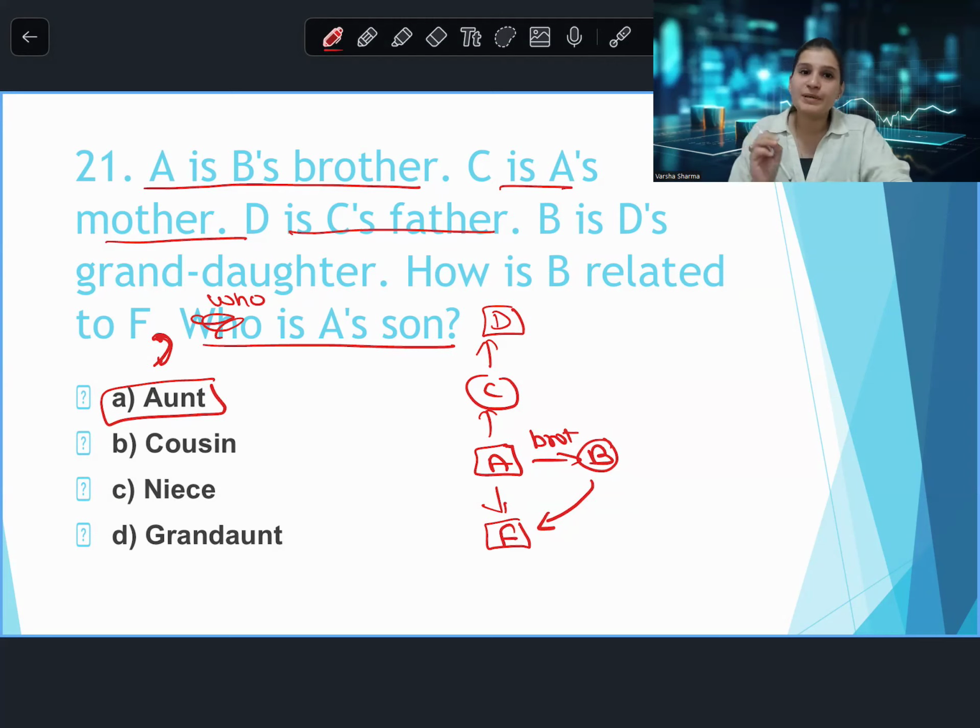There won't be a full stop, there will be a comma: how is B related to F, comma, who is A's son?